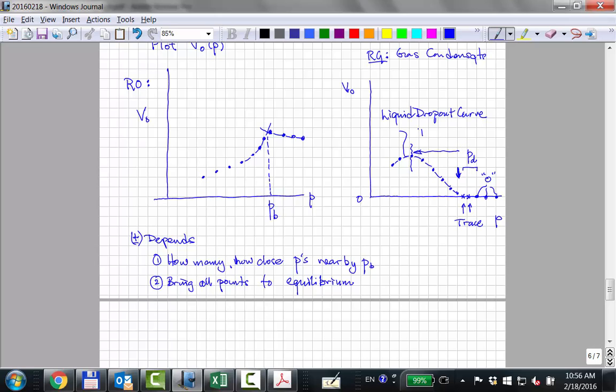We have retrograde condensation. Right? Because as you're lowering the pressure, the oil volume is increasing, and below that maximum, you have kind of a revaporization. Some of that condensed liquid is revaporized back into the gas.